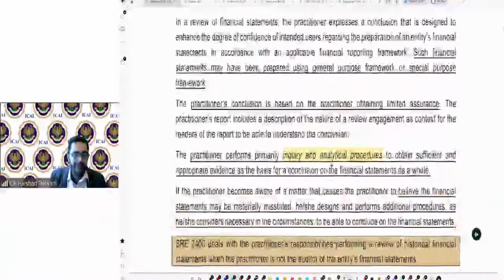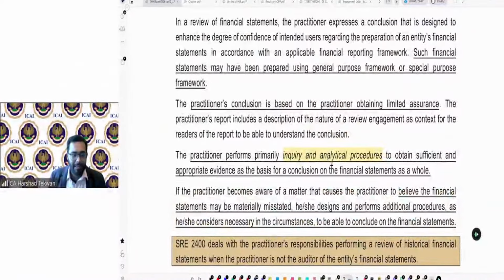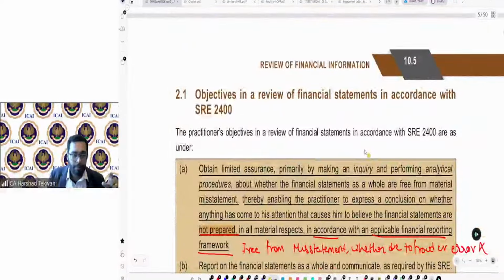So when I was discussing SRE 2400, I discussed it with the term opinion so that you can correlate. But it is actually the conclusion that we are talking about. The practitioner's conclusion is based on the practitioner obtaining limited assurance.